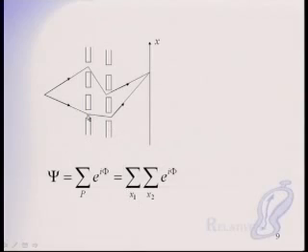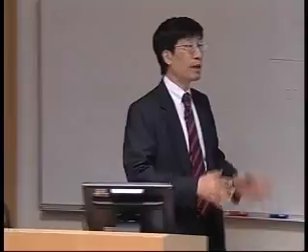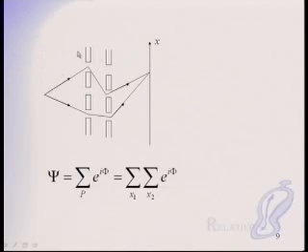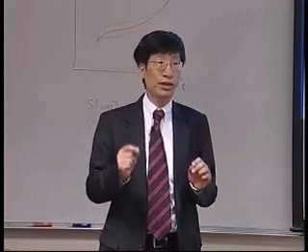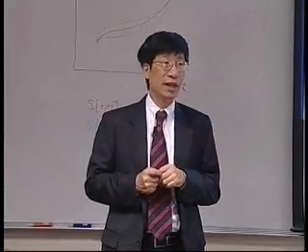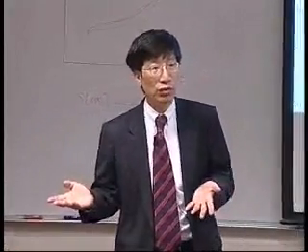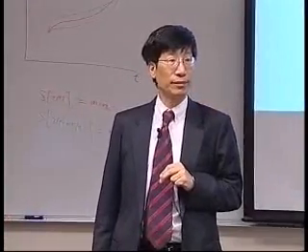So if x1 is equal to this value, it goes through this hole, x1 equal to another value, x1 equal to the third value. And then x2 can take on this value, or that value. So x1 represents the position in this plane, and x2 represents the position in that plane. So a path now is defined by all possible choices of x1 and x2. If there are, say, 3 choices of x1, 7 choices of x2, this sum will contain 21 terms.